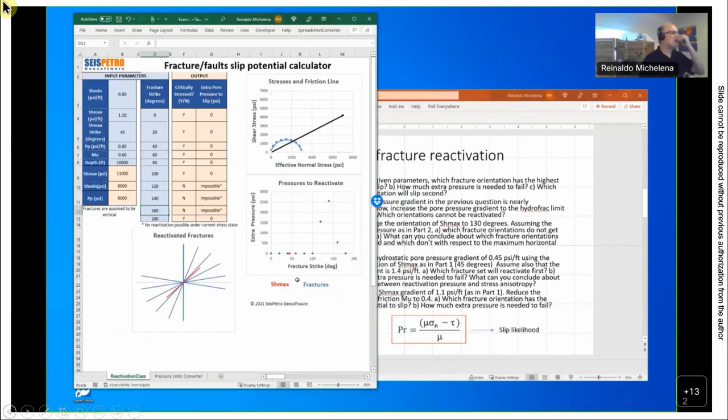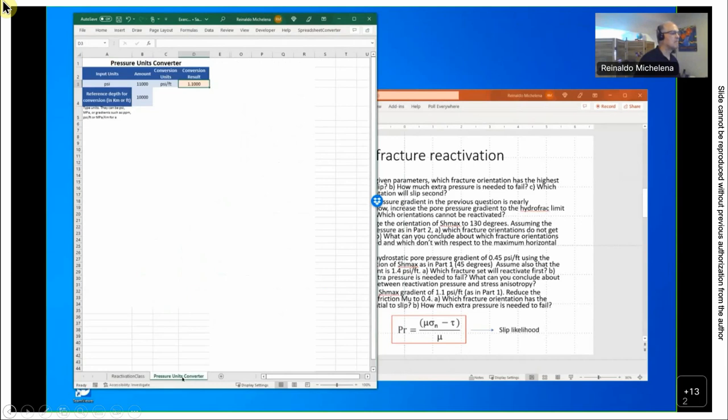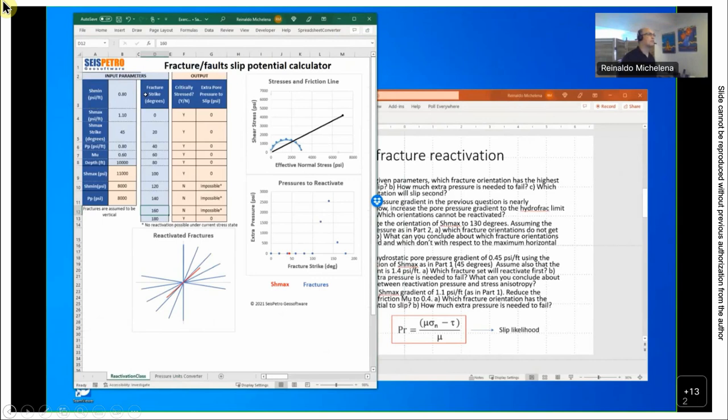We have here the input data. We have the minimum horizontal stress, and the units are psi per foot. If you want to change units, we put here a little converter if you want to go to other units. But everything here is in psi per foot.